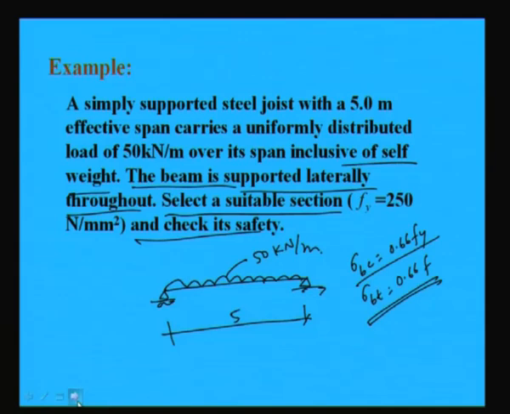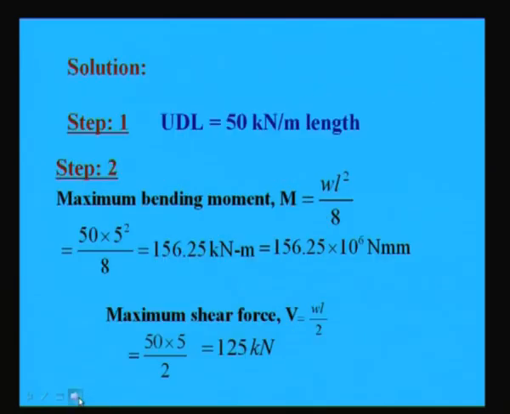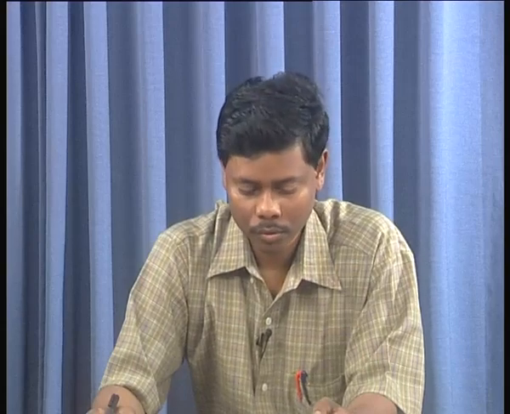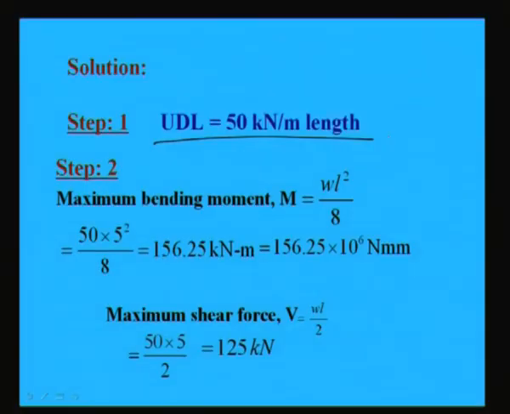First step, we will find out the total load coming onto the beam, and as it is told that the total load is 50 kilonewton per meter length including self weight, we do not need to include self weight again. So, we can take the UDL as 50 kilonewton per meter length as the load to calculate the design sections.